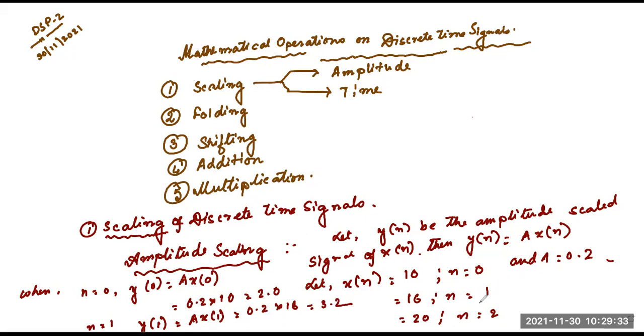Same, when n equals 2, y[2] equals A times x[2] equals 0.2 into 20, that is equals to 4.0.